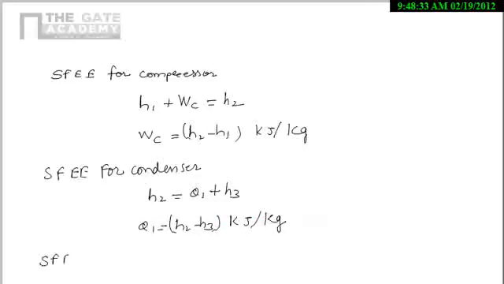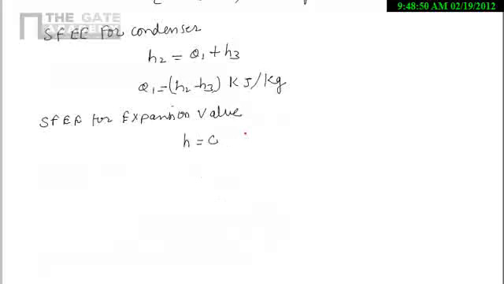Steady flow energy equation for expansion valve. It may be a capillary tube or throttle valve depending on the application. It's a constant enthalpy process, H equals C. So I can write H3 equals H4.